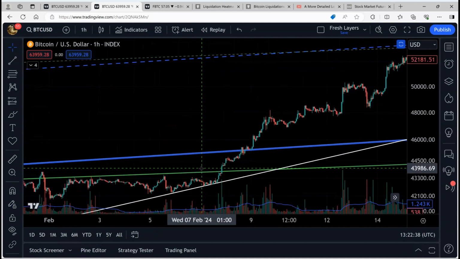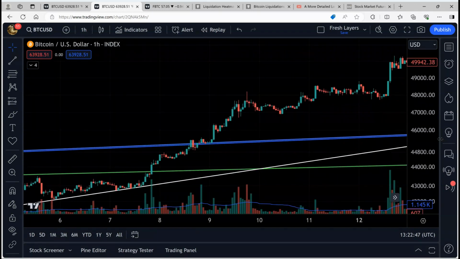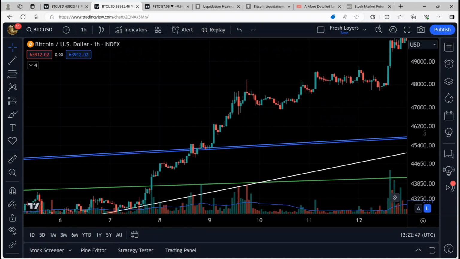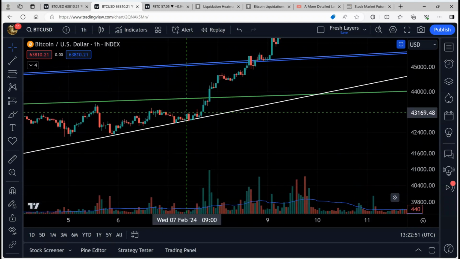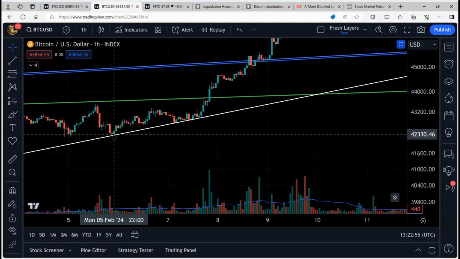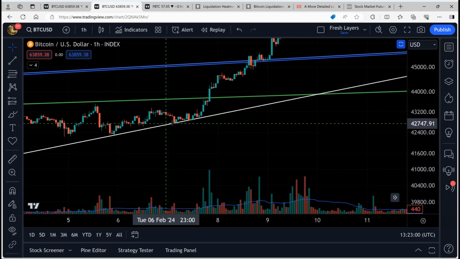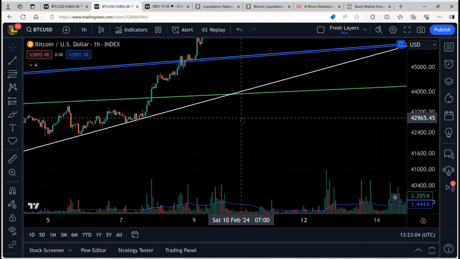If I can zoom in here, you can see that I did spend quite a bit of time making this as accurate as possible, and that we do come precisely down to that line there.